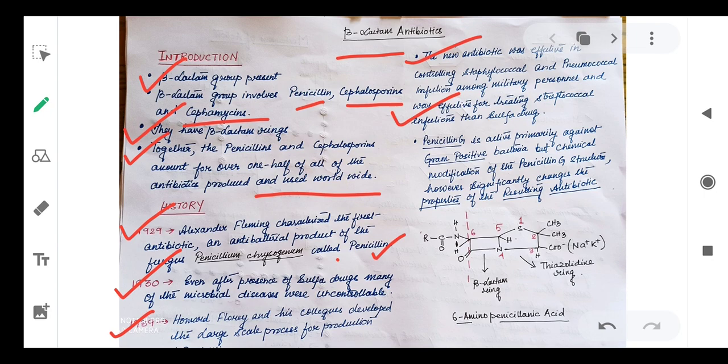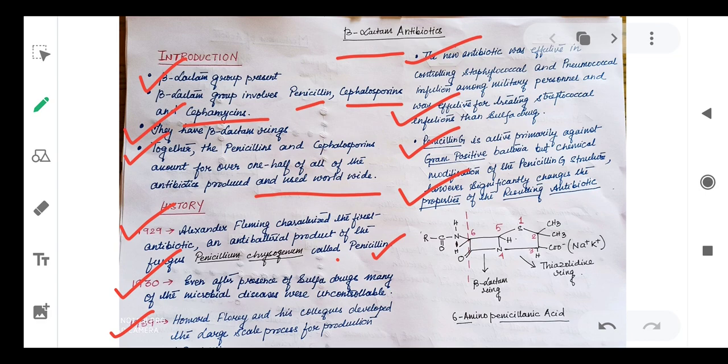Penicillin G is active primarily against gram-positive bacteria. This is the simplest form of penicillin, which was effective against gram-positive bacteria. But chemical modification of the penicillin G structure significantly changes the properties of the resulting antibiotics depending upon the need.